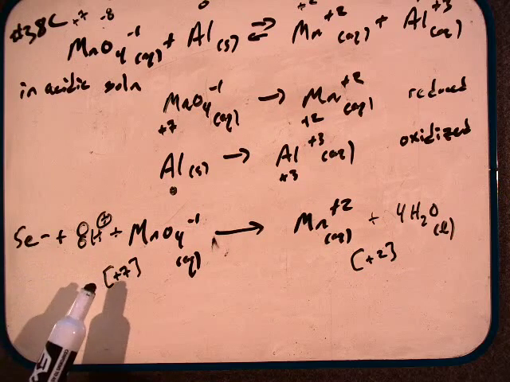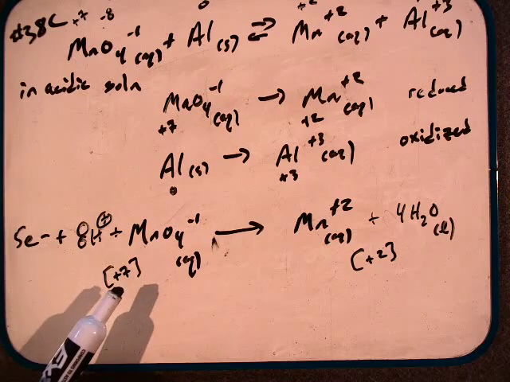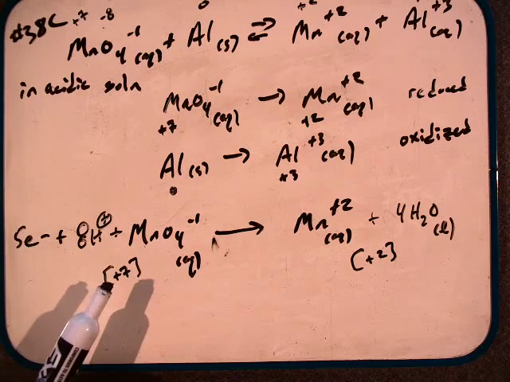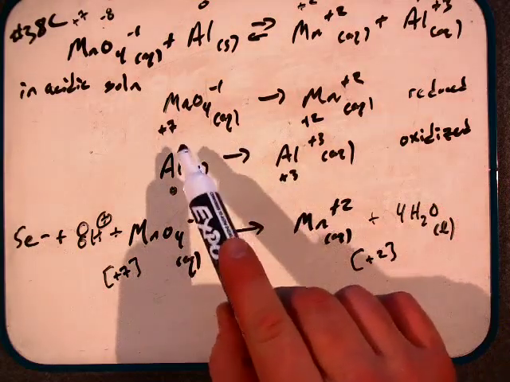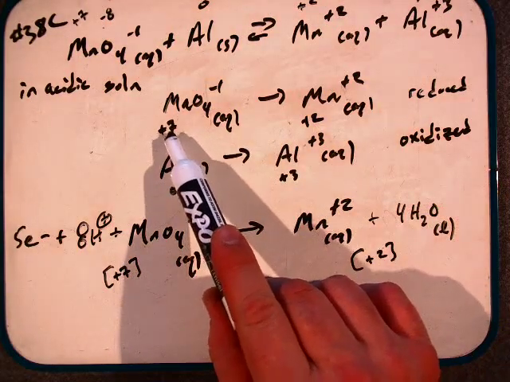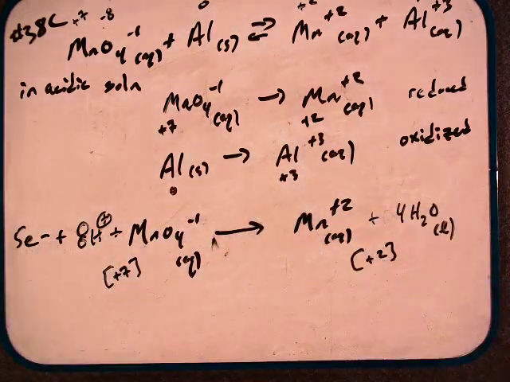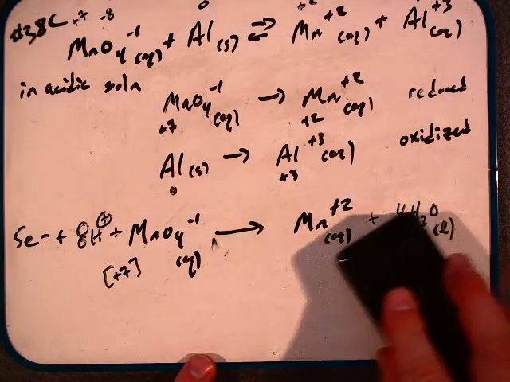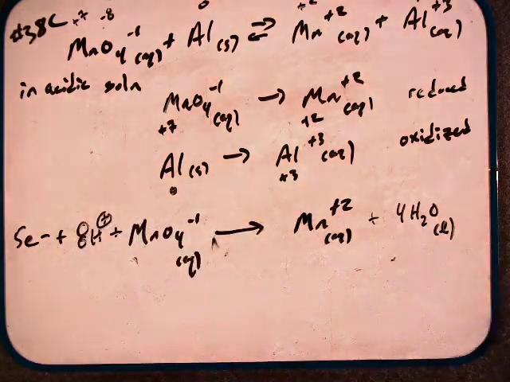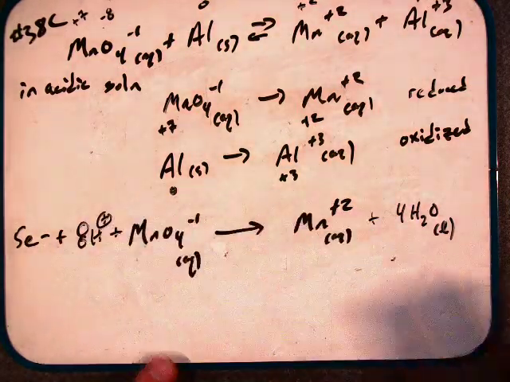We balance it out with charge. Let's make sure that that is verified via just the oxidation numbers. And if we look up here, we're going from +7 to +2, so we should expect 5 electrons. And so that is what we get. So that is the reduction half reaction, and it's balanced.